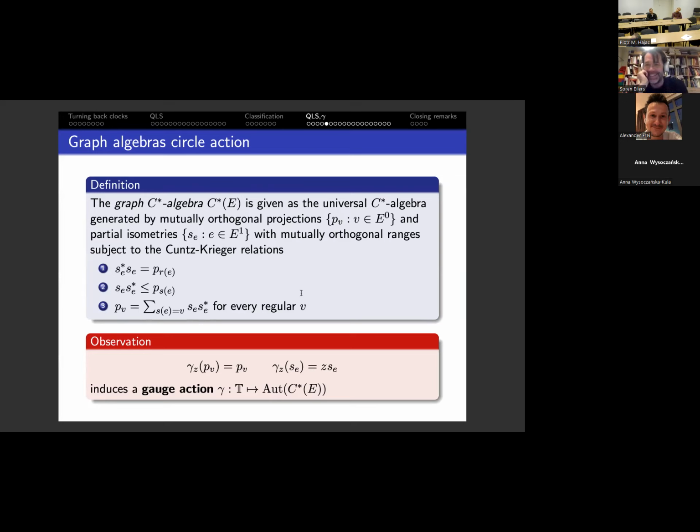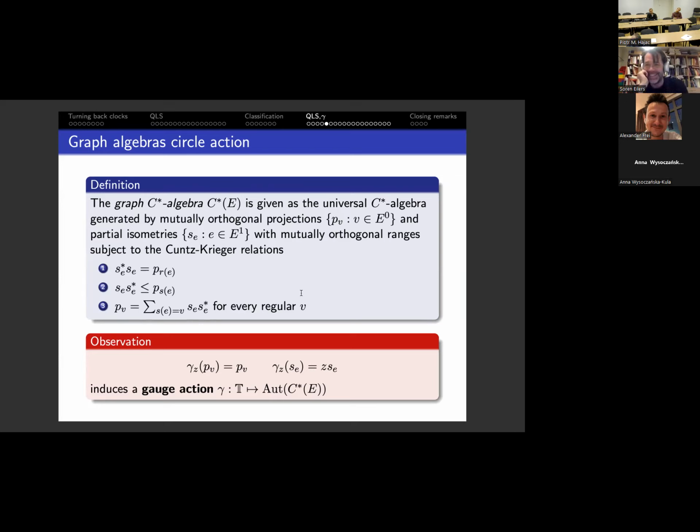But the bad news is that if you want to pass to L, the smaller, compressed graph that makes computations a lot easier, the one I used before, this is not going to preserve the gauge action. The problem is that I defined the little graph from the big graph by counting the number of paths going from one black vertex to another black vertex.